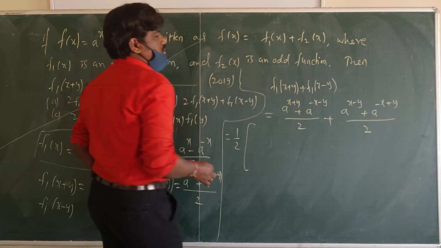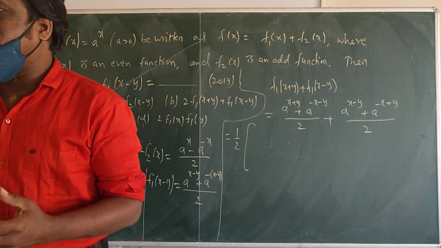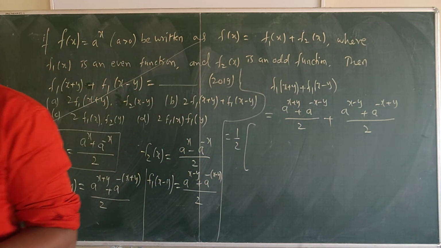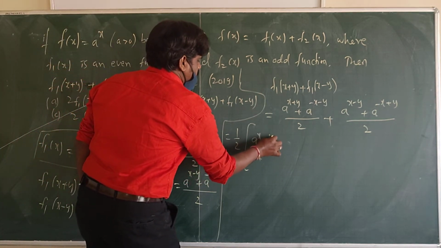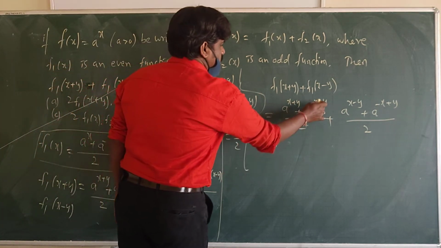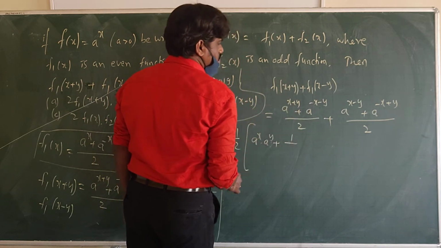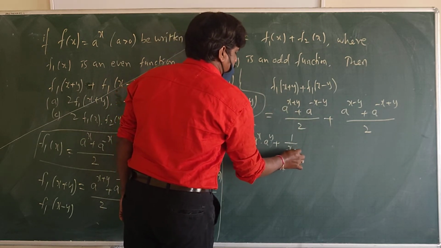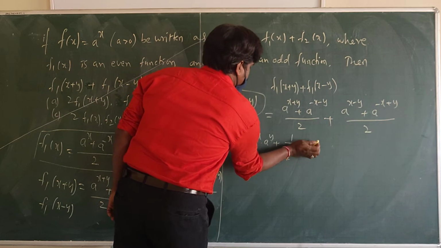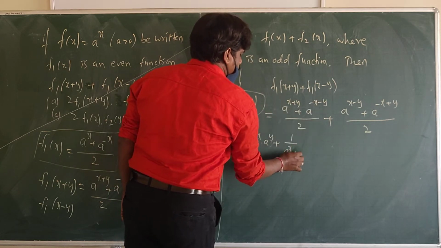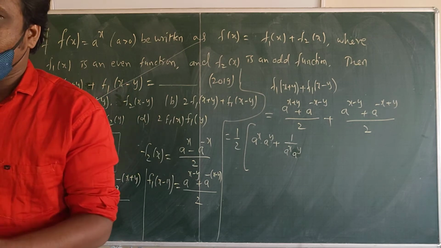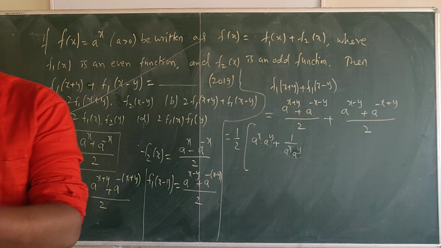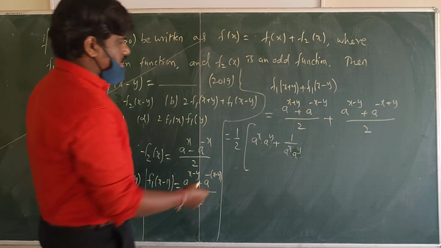So you know that a^(m+n) can be written as a^m times a^n. So I can write a^x into a^y plus 1 upon a^x into a^y, because it is in minus. Minus means a^-x will be 1 by a^x, and a^-y will be 1 by a^y. So you will get this now.